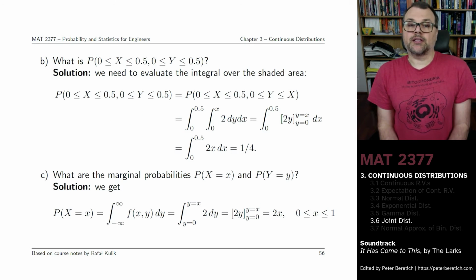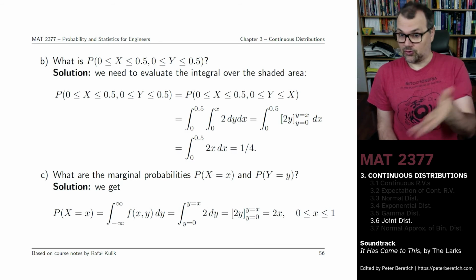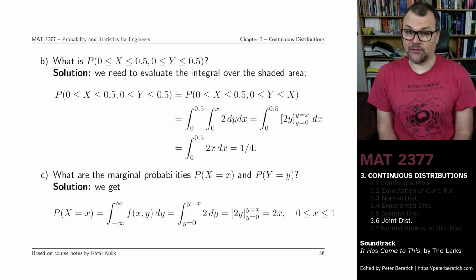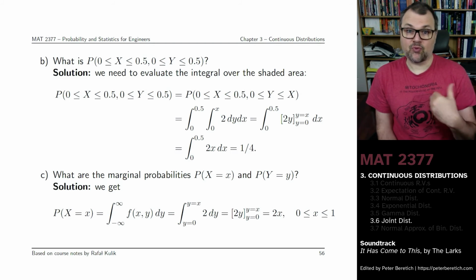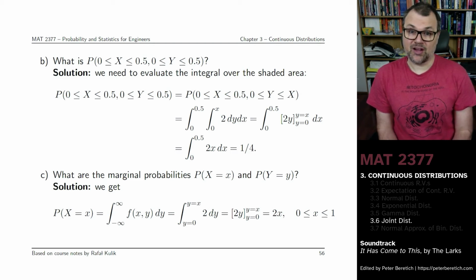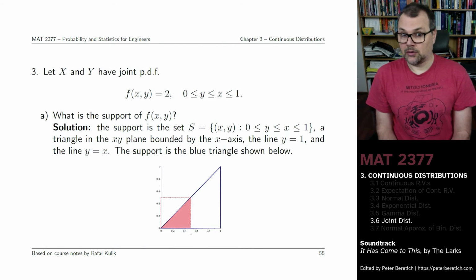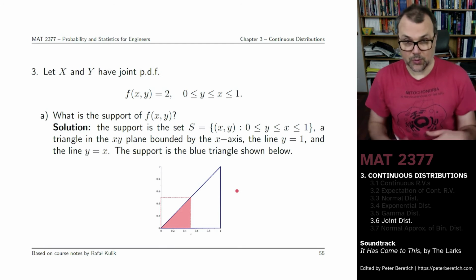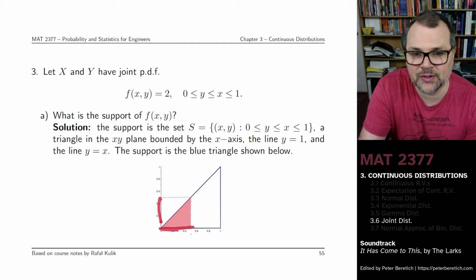What's the probability now that the value of x you will have picked, if you're drawing variables randomly from that joint PDF, will be between 0 and 0.5, while at the same time the y value will be between 0 and 0.5? So you go back to the support, the domain of integration, and you're looking for the x values to be between 0 and 0.5, and the y values to be between 0 and 0.5.